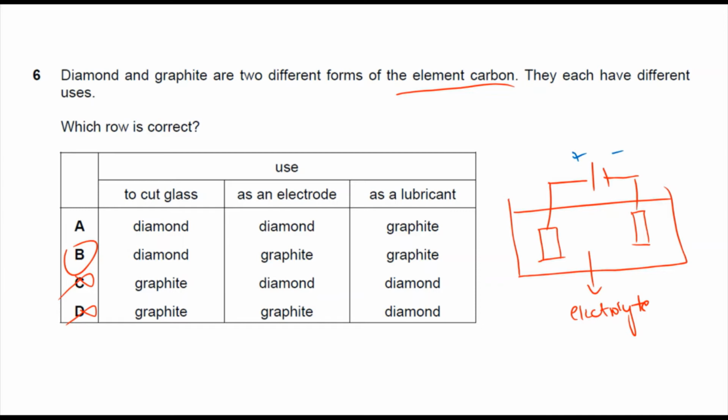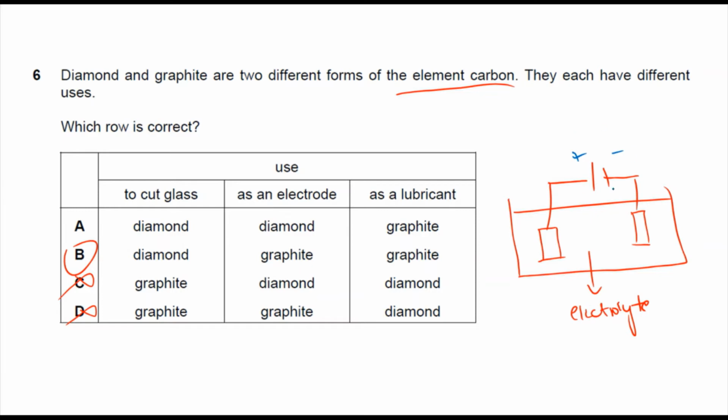That is, if I want to make a reaction happen naturally, it does not happen naturally. Using electrolysis, using electricity, we force that reaction to happen. This is a fact. You can write this down. I know most of the teachers don't even mention it, but this is a fact. Electrolysis is used to cause such reactions that do not happen on their own. We use electricity to force them to happen.